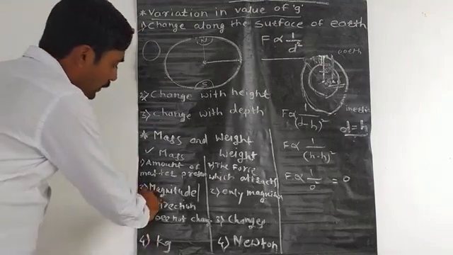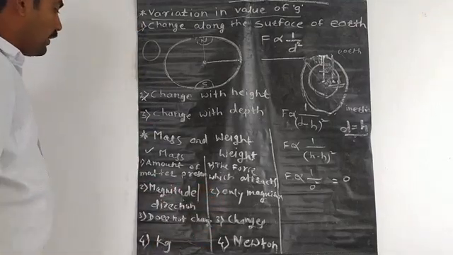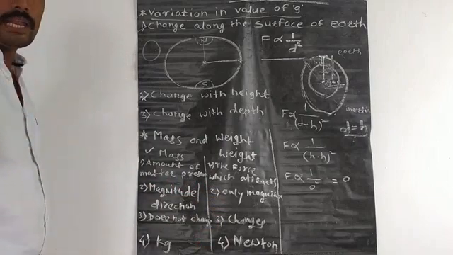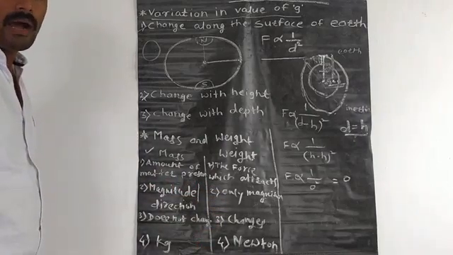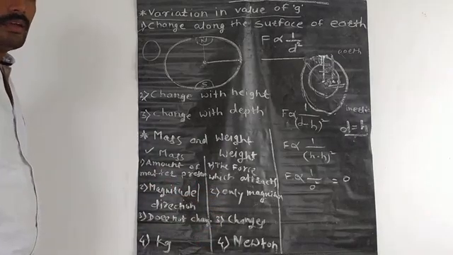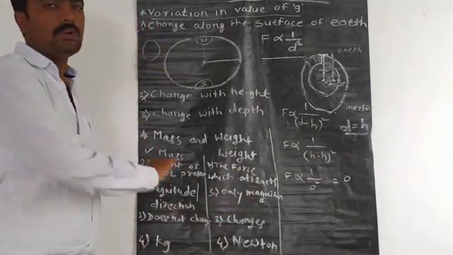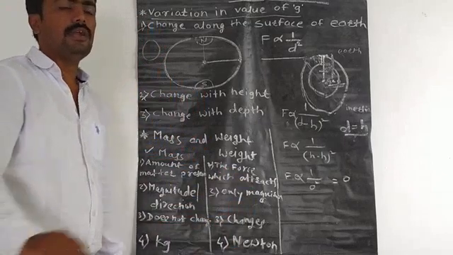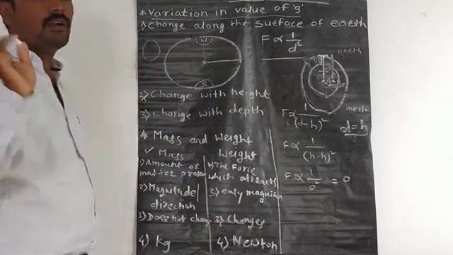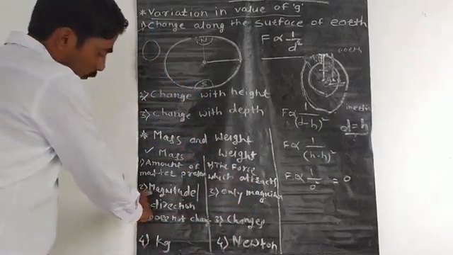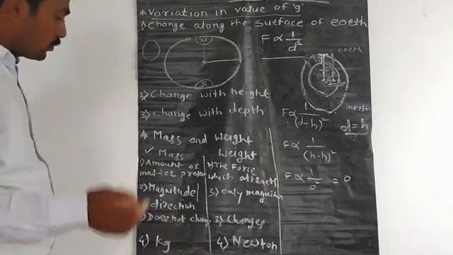Then second point is that the mass has magnitude as well as direction, and weight has only magnitude but not direction. And third point, आपण परत अजून एक पॉइंट एक्स्ट्रा करू शकतो.